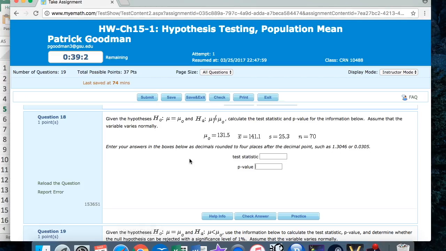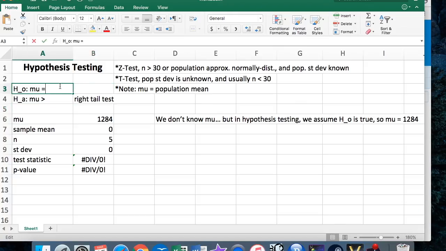So here in this problem, it says the null hypothesis is mu equal to mu naught. And then they say our alternate hypothesis is not equal to. Ooh, so we're doing a two-tailed test. So this is actually good. Okay, so this is saying mu is equal to mu naught, and they say down here mu naught is equal to 131.5.